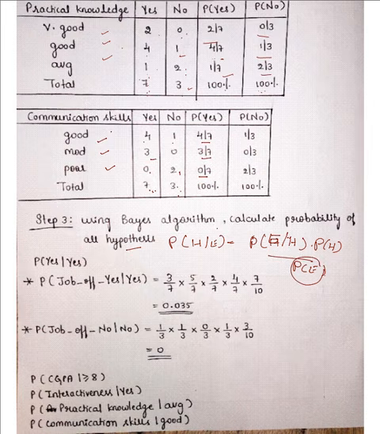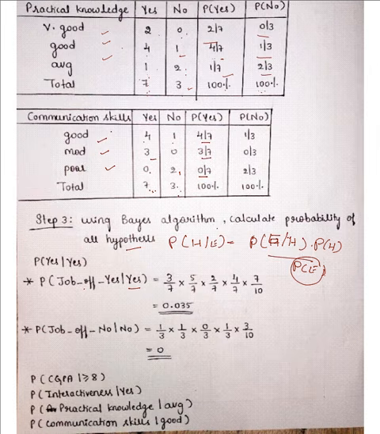Okay, guys. Now for the Bayes algorithm, I'm going to write the evidence on some hypothesis, that is P of job offer given yes.